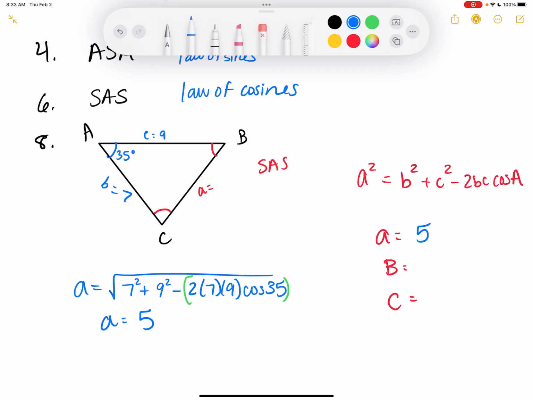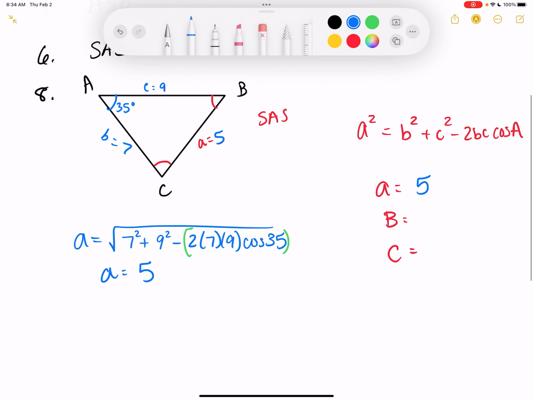And then now we have all the sides and we have an angle. So now I can use law of sines to find my other angle, and then I can just use the rules of, whatever, to find the other. So I'm going to use, well, obviously A, I have to use A, and then I'll just go in order.